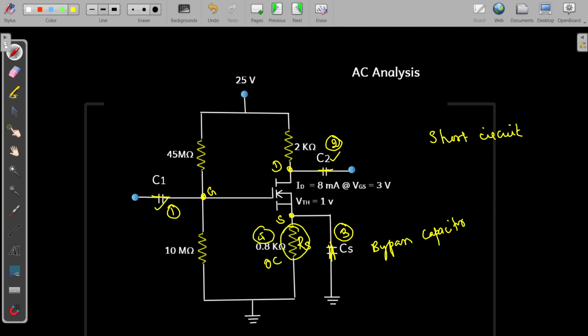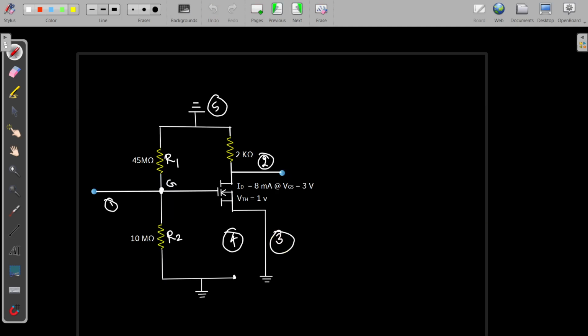So this is your fourth place where you need the modification because of this AC equivalent circuit. And this 25 volt is our VDD, that is supply voltage, and this supply voltage or the DC voltage will be replaced by a ground. So here we do the modification. So these 5 points need modification so that we'll get this circuit like this.